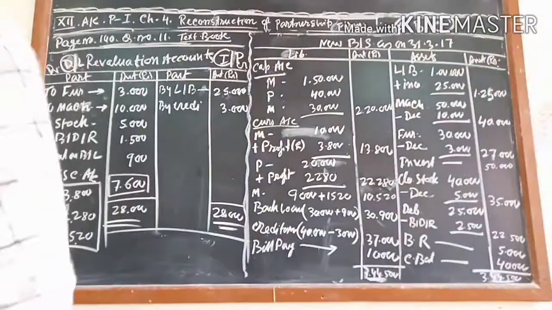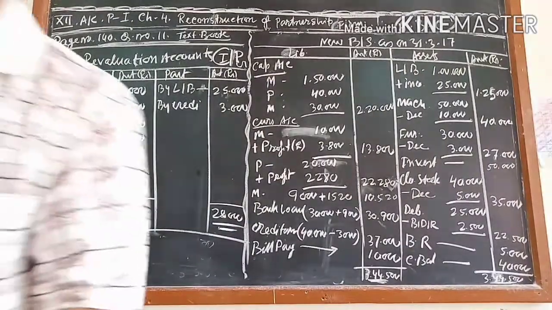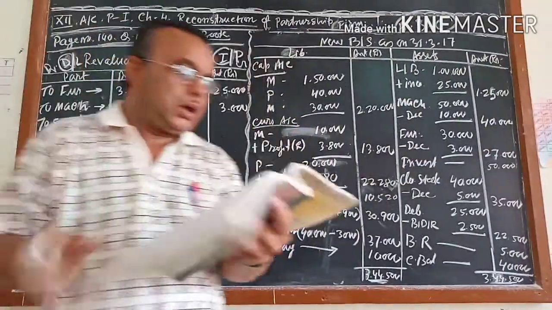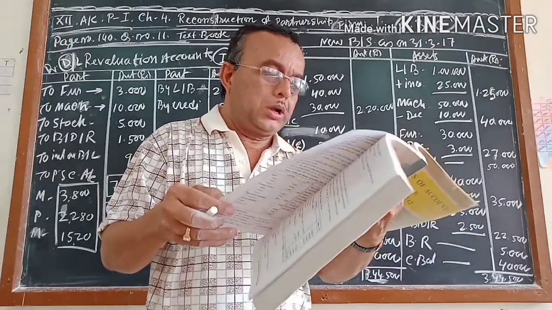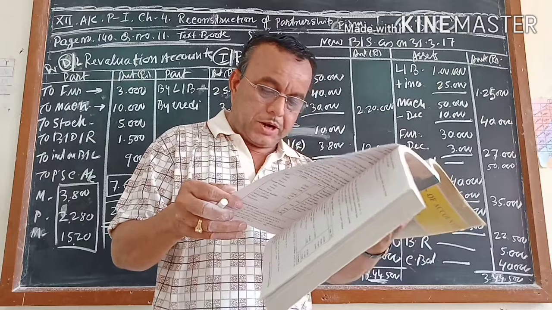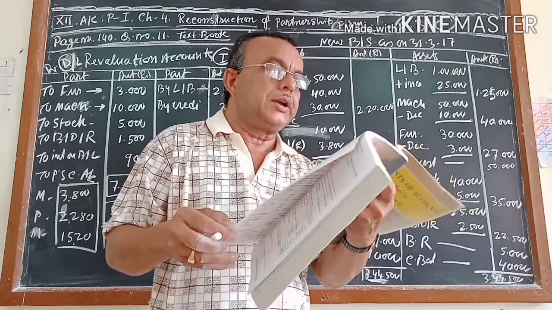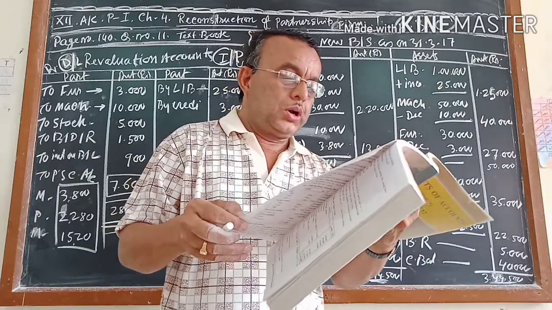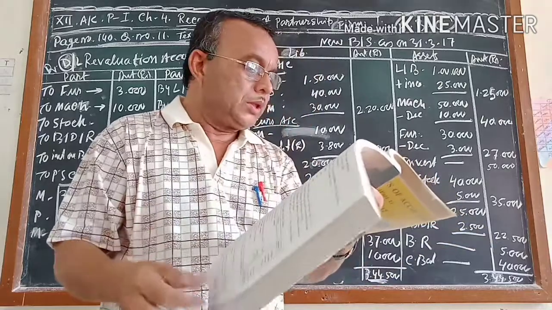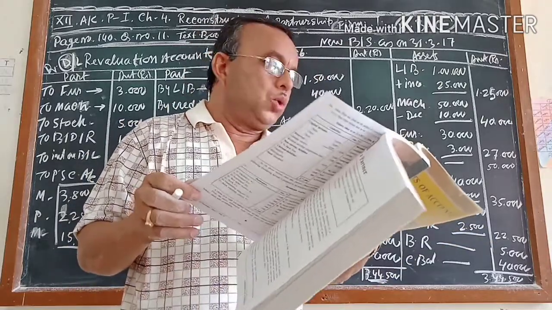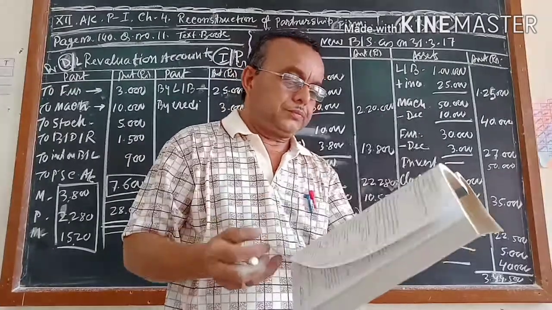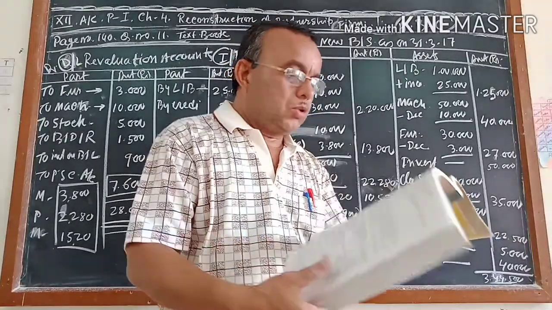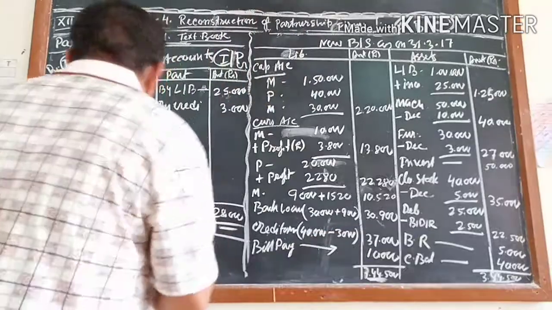This is question number 11 that I have done in your textbook. I have given the homework from that one, page number 139, questions 4 to 9. This is 11 I have done. You will do question number 10 as homework.